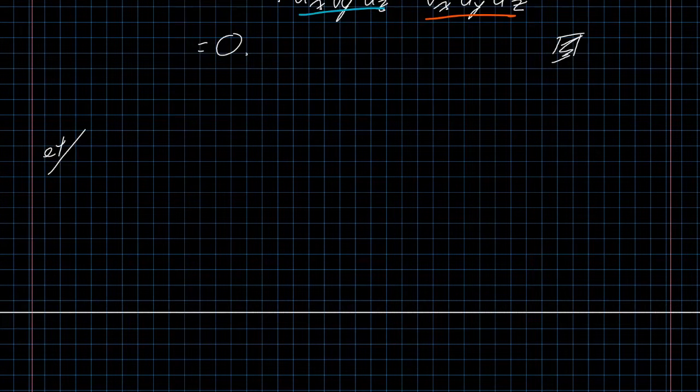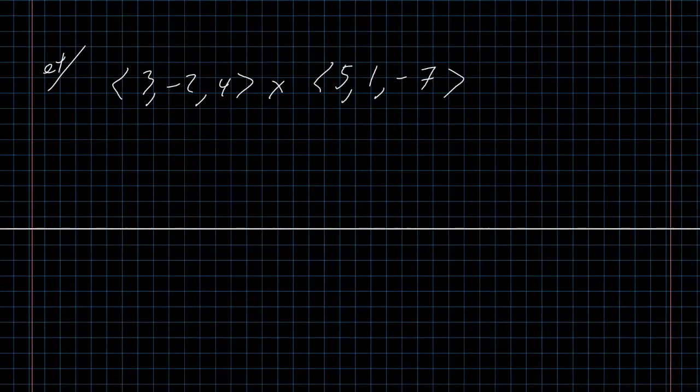So if I have two vectors, let's take a look at, say, 3, -2, 4, that I'm crossing with 5, 1, -7. You can set this up either by memorizing the formula or using the determinant. I find using the determinant to be far and away easier.